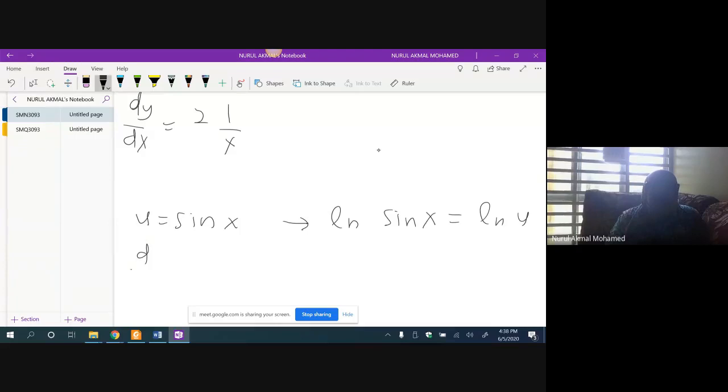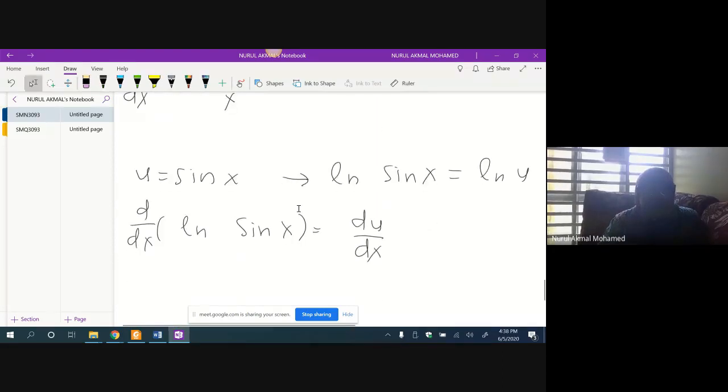So d/dx of ln sine x is equal to du/dx. Sorry, is this correct? If you denote u as sine x, so u is equal to sine x, then ln sine x is equal to ln u.